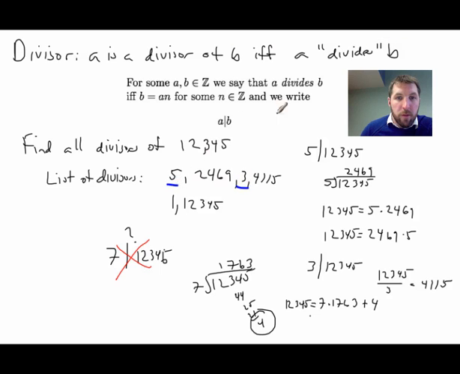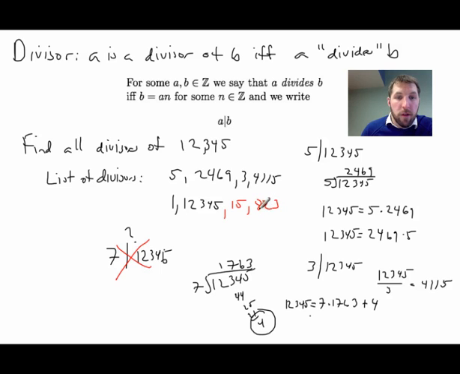So if 3 and 5 are both divisors, then if I multiply 3 times 5, I get 15. 15 will be a divisor as well, because it's the product. And 15's partner turns out to be 823. Now, I just did that earlier, so I just did it by division. No real shortcut for that.